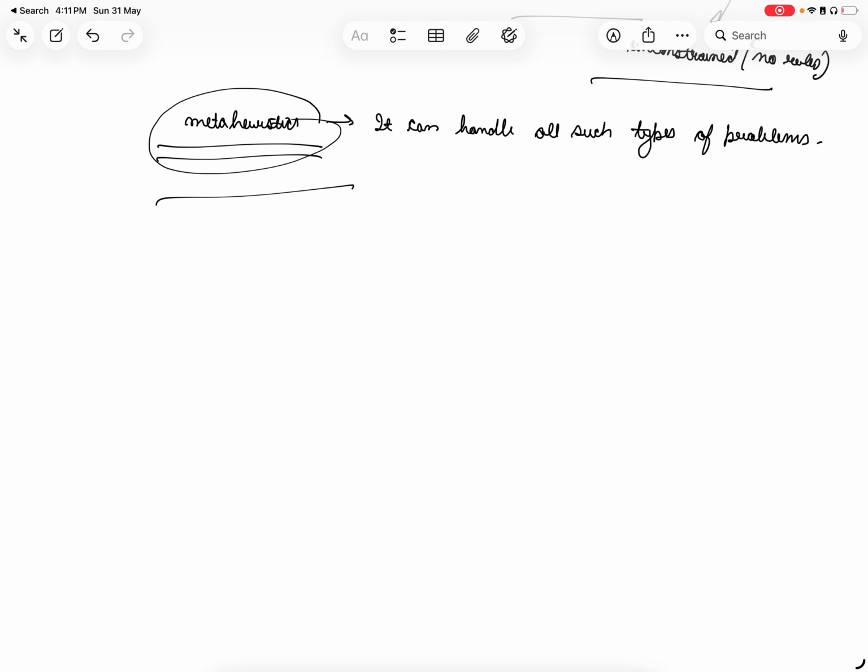One question that many people have, as we are talking about meta heuristics and giving solutions to optimization problems, is this very important question: why not just use classical methods?